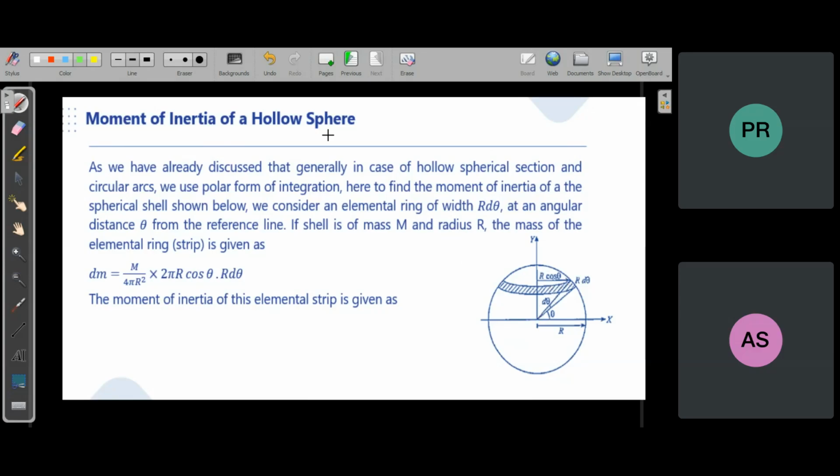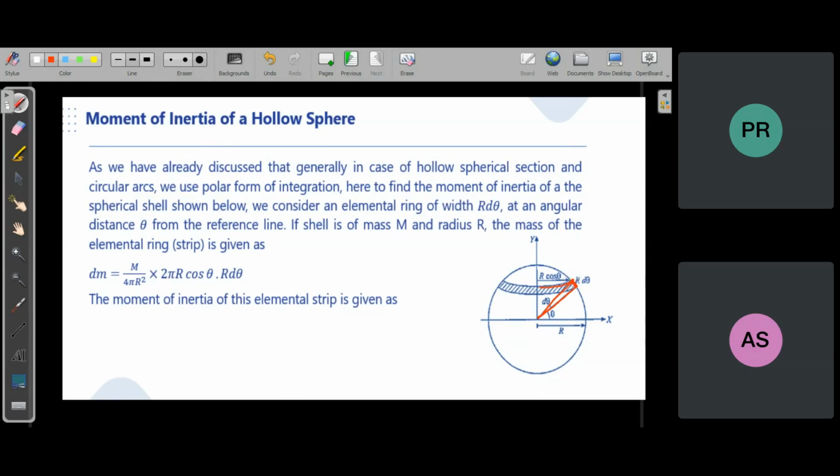Now here you can see that in case of a hollow sphere, you will mark a circular arc on the surface of the hollow sphere. So you draw two radii at different angles, theta and theta plus d theta, and then you rotate this radius vector.